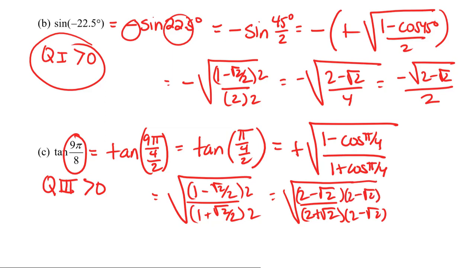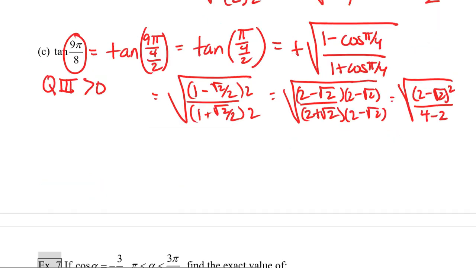And rather than distributing the numerator, I'm just going to write the numerator as 2 minus the square root of 2 squared, and the denominator becomes 4 minus 2. I can take the square root of the numerator separately from the denominator, so the numerator becomes the square root of 2 minus the square root of 2 squared over the square root of 2.